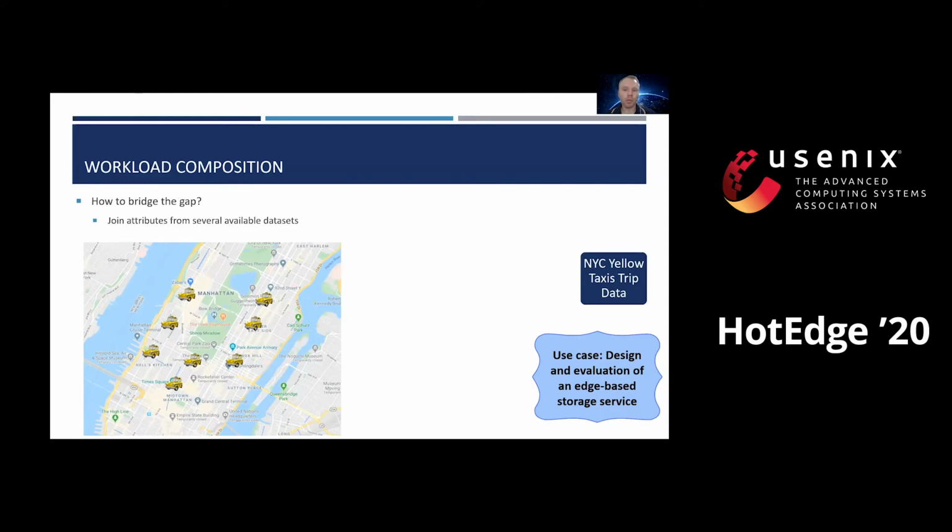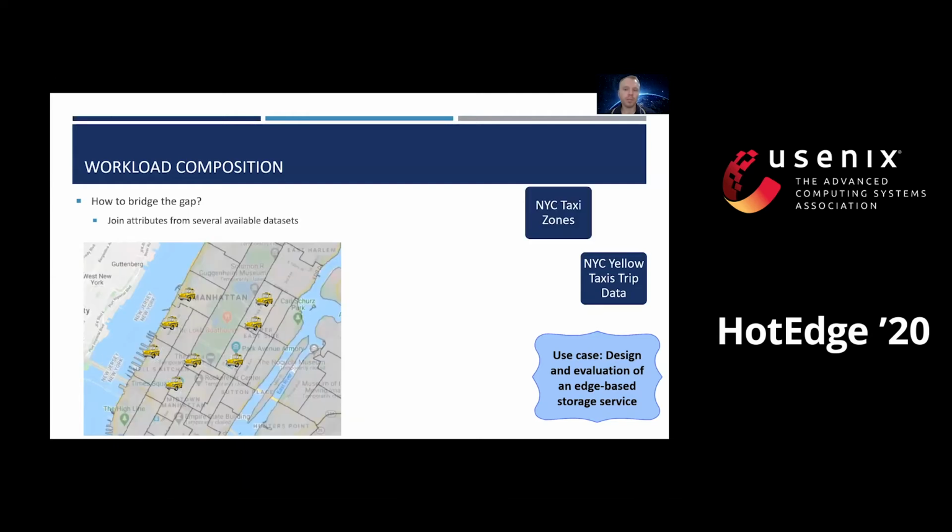However, the locations are represented by New York City zone numbers. We use an additional dataset that maps NYC taxi zones to physical locations. Next, we'll take the NYC hotspots dataset, which contains information on the public hotspots in the city of New York, and we map each hotspot to the zone in which it resides.